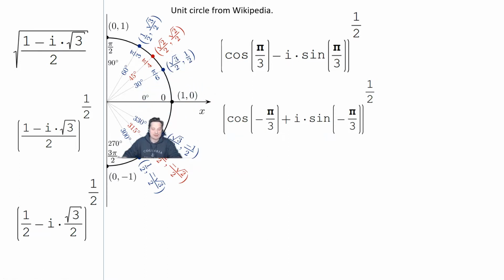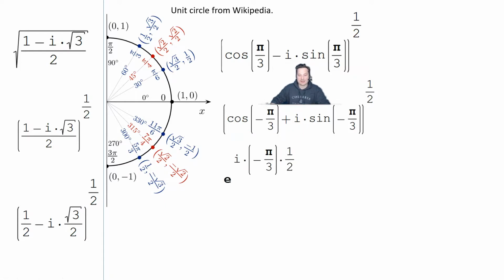You see that that's equal to 1/2, which corresponds to this 1/2 in this position below me. And at negative pi over 3, the y is the negative root 3 over 2, which corresponds to that part below me. That tells me this construction of the complex number is correct.